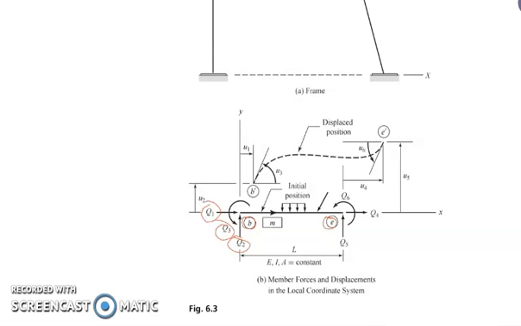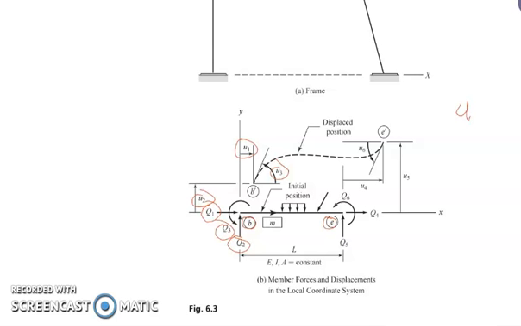Those member end displacements in the local coordinate system are denoted by U. You have to number again along x direction, so you have your U sub 1. Then along y direction, you have your U sub 2. And due to rotation, you have here U sub 3. That is at the beginning of the member.